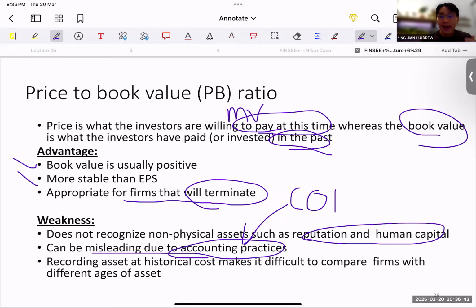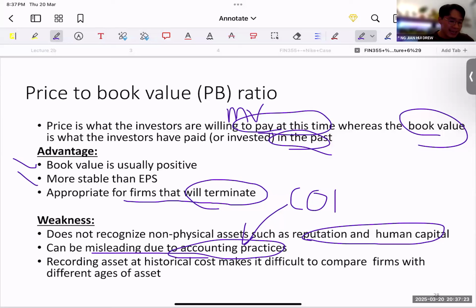Normally, in your analysis of earnings, you look at the bottom line, meaning net income, and you don't even consider OCI. But in your value of equity, most of the time you'll consider your OCI. So there are some accounting practices that can be very misleading: your earnings is not reflecting your OCI, but your equity reflects your OCI.